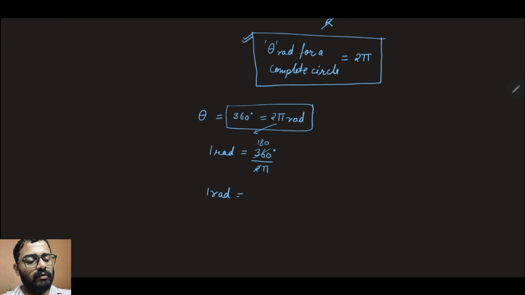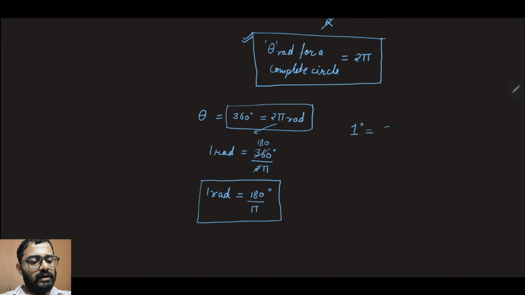The other relation, if you want to find how many radians are there in 1 degree, what will you do? From here we can find 1 degree is equal to 2 pi, which is already there, divided by 360.